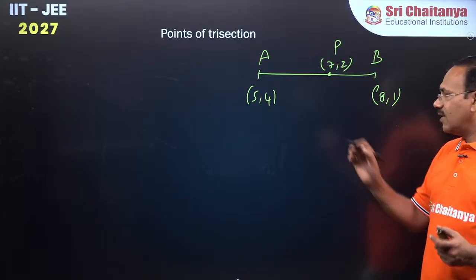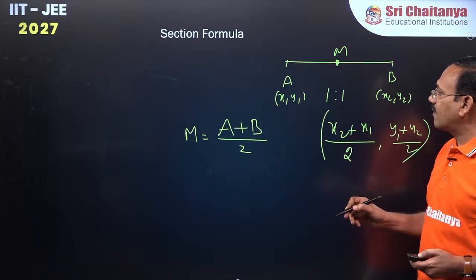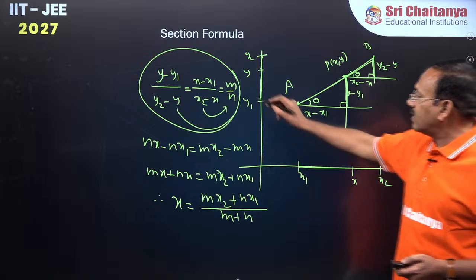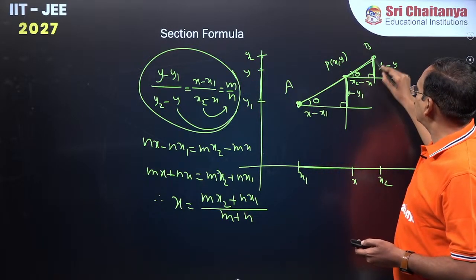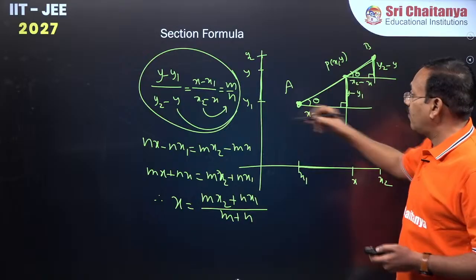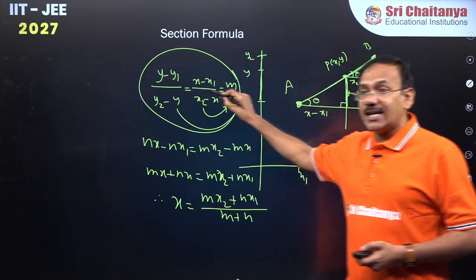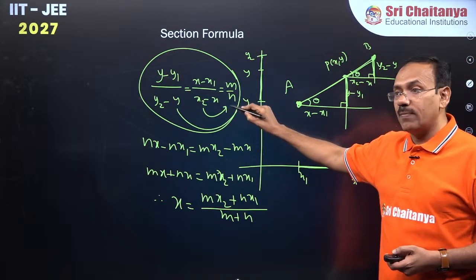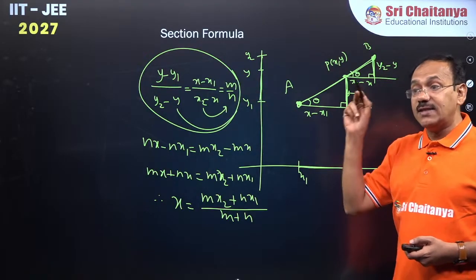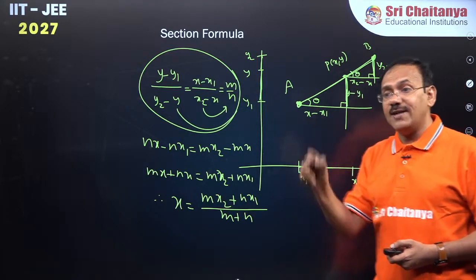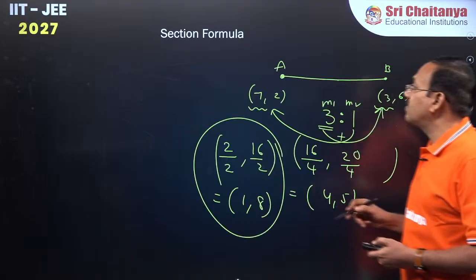You see, in the derivation we have got a formula. If you want the ratio, this point is x1 y1, this is x2 y2, and the point is x comma y. The ratio is x minus x1 by x2 minus x, or y minus y1 by y2 minus y. This formula helps to find the ratio in which P is dividing AB.